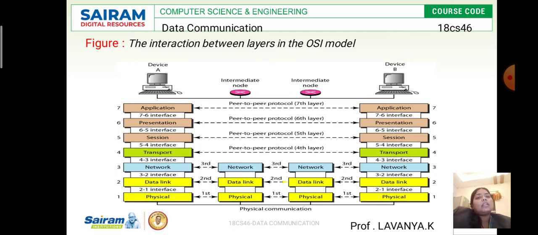Then what does the transport layer do? Whatever data it has received from the upper layers, that is session, presentation and application layer, it converts in the form of segments. That segment travels from one process to another process. The process, as I said, is the application running between the devices.